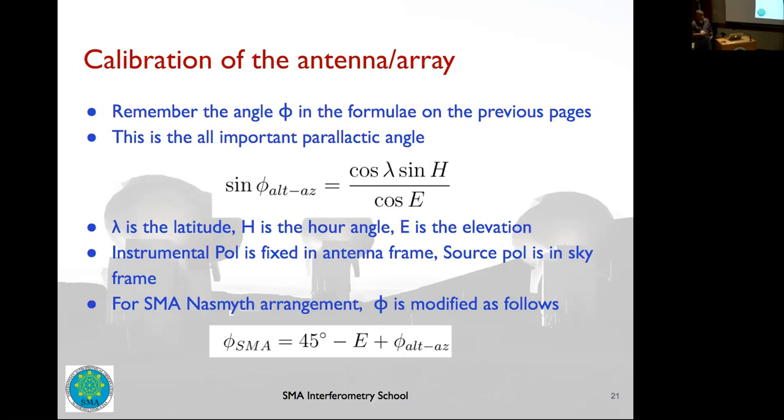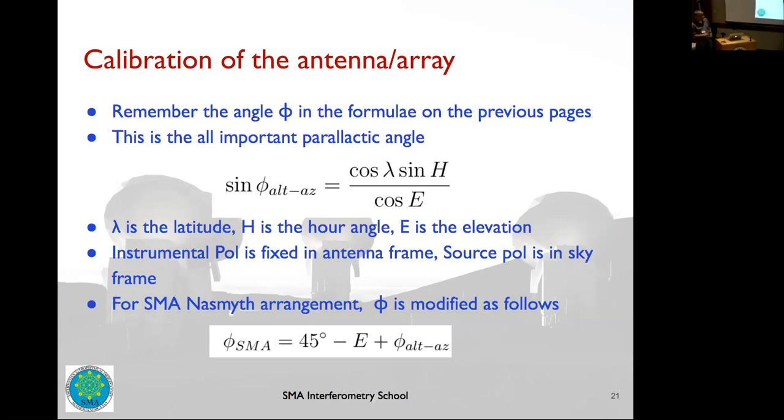For an alt-az telescope, the instrumental polarization is fixed in the frame of reference of your antenna, or the frame of reference of the Earth, whereas the source polarization is in the frame of reference of the sky. Imagine a linearly polarized source which is rising. It might have an angle like this, but as it rises up and transits, the angle is going to change, and that's what we use. That's what is given by this parallactic angle. It's a function of the latitude, the hour angle, and the elevation, and this is a known quantity.